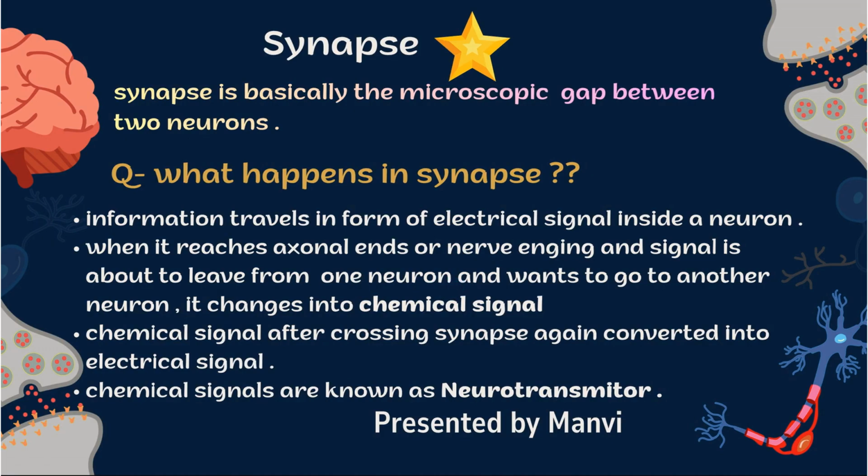When the synapse is about to come, that electric signal gets converted into a chemical signal for crossing the synapse. After crossing the synapse and reaching the next neuron, it gets converted back into an electric signal. The chemical signal is known as a neurotransmitter, and this term is very important. I repeat, the chemical signals which help in crossing the synapse are known as neurotransmitters.